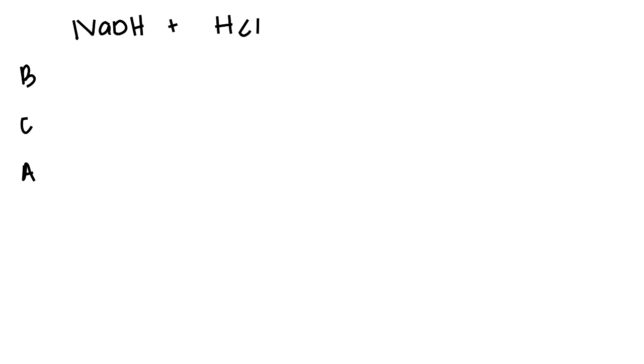So our B for sodium hydroxide, we're told that we have 25 milliliters of a 0.25 molar solution. So for NaOH, we have 0.25 molar and 25 milliliters.